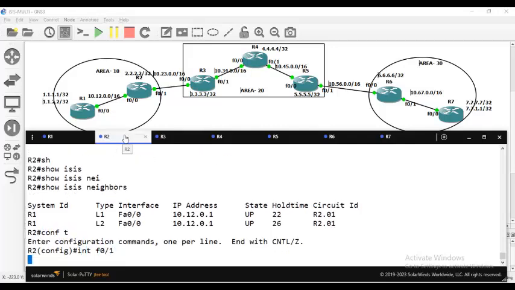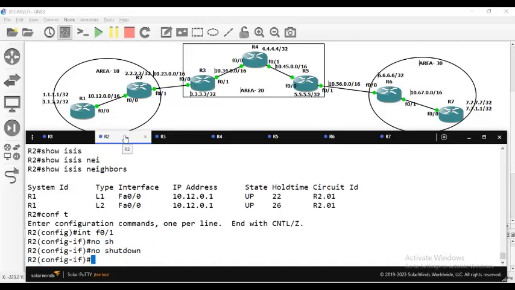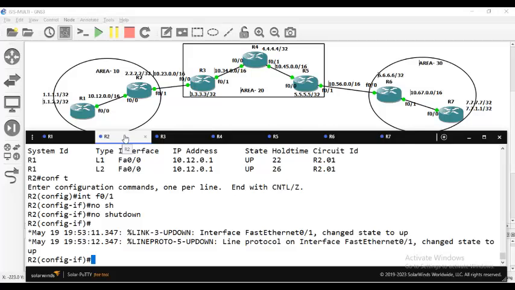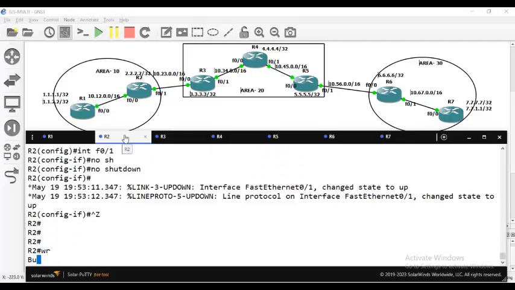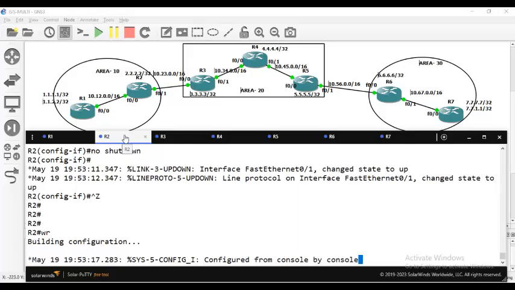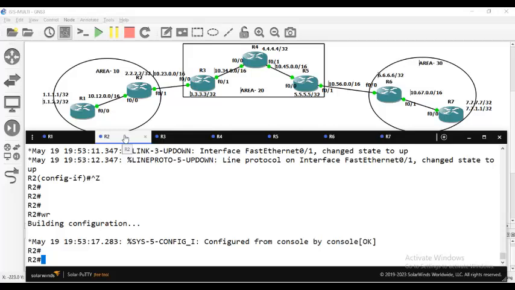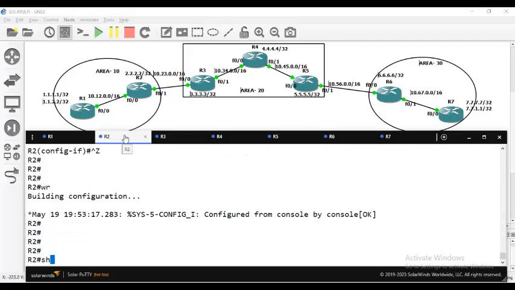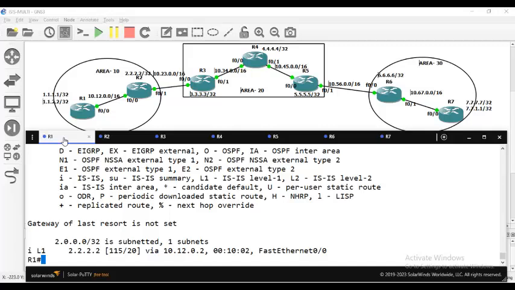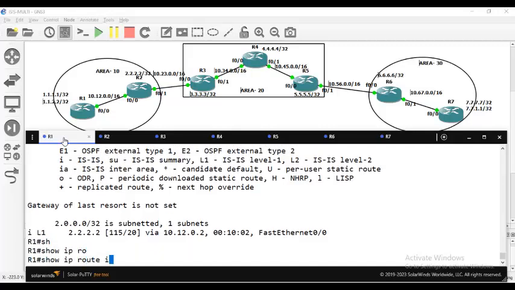No, I don't see. I'm seeing up to R5. See, L2 is the one which brings routes from other areas. L1, same area. 1023 is in the same area. See, this link is in this area as well as that area. All right. And 222 is in the same area. 333, another area.